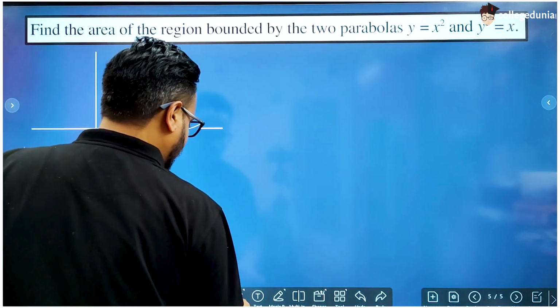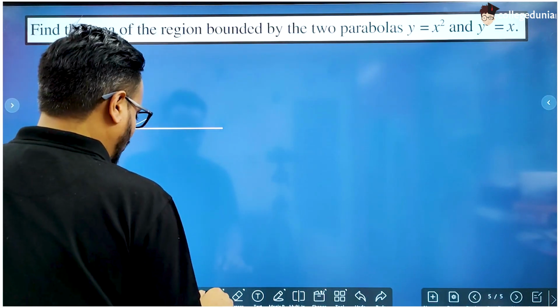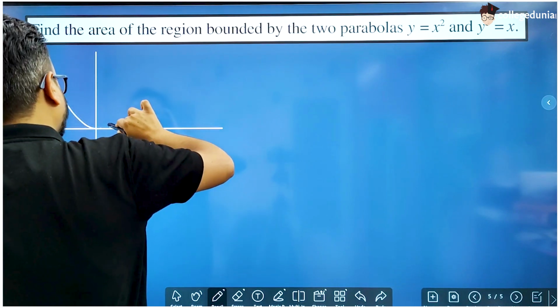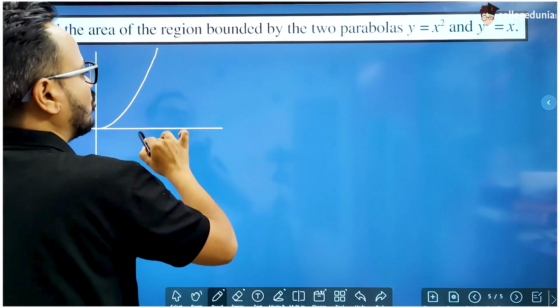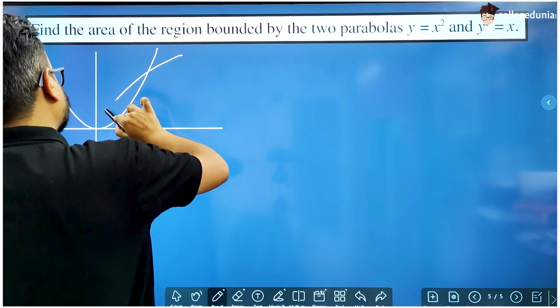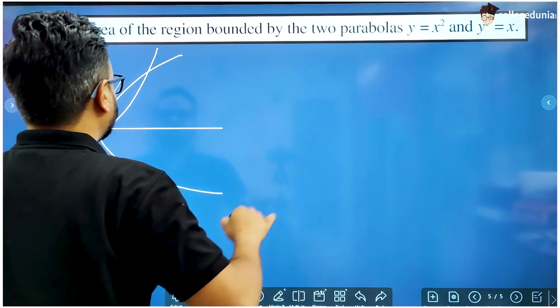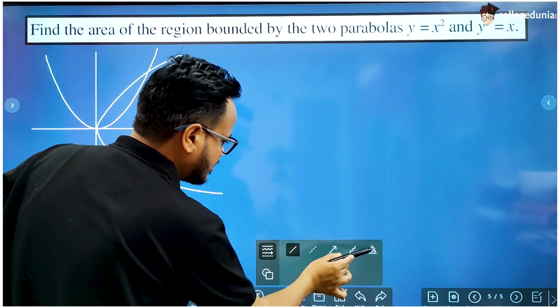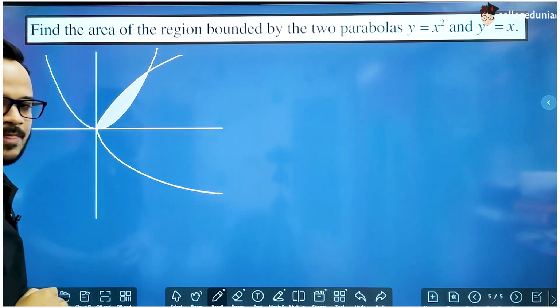First parabola is y equal to x square, which is this, and second parabola is x equal to y square, which is this, right? So we have to find the area bounded by these parabolas, which is this area.